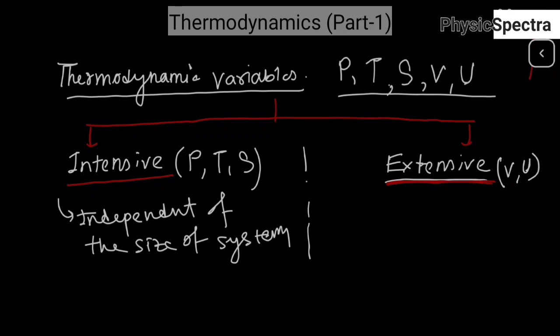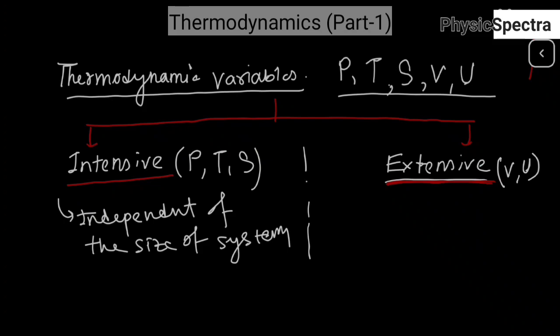It means that if we take a particular system and that system has some particular pressure, temperature and specific heat capacity, and we double the size of the system or halve the size of the system, then the pressure, temperature and specific heat capacity will remain the same. It is independent of the size of the system.